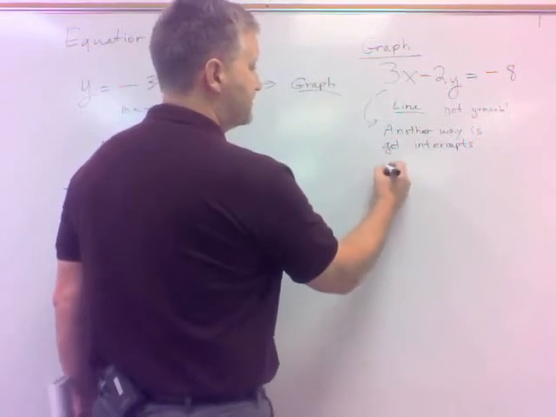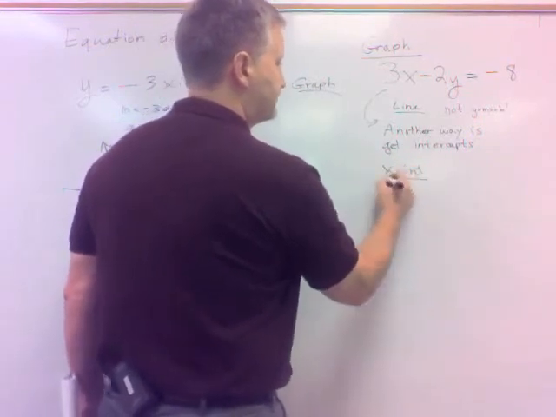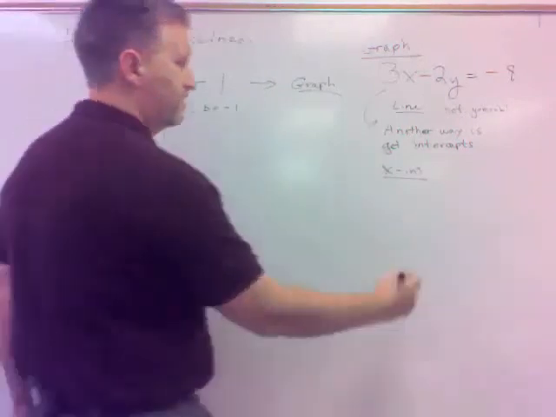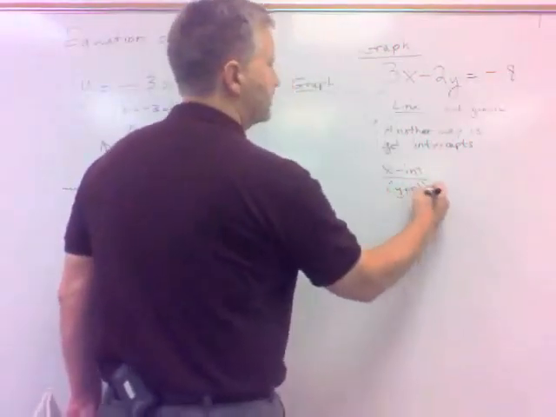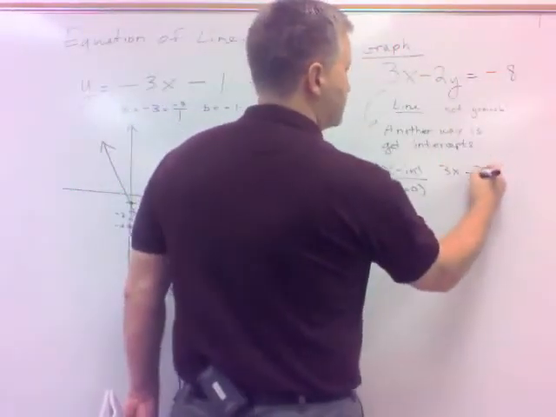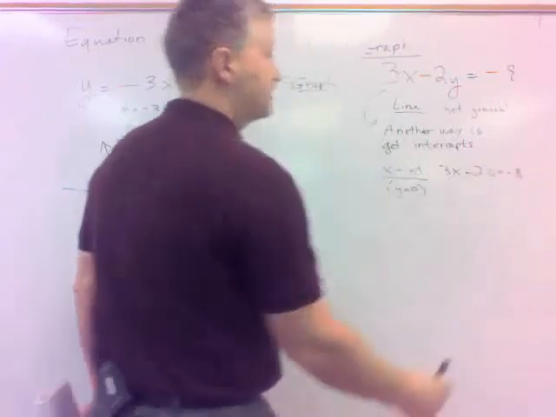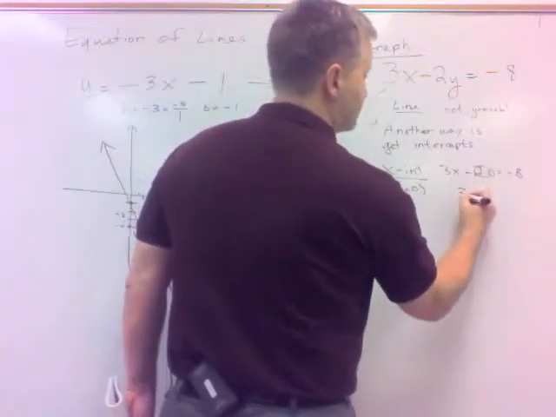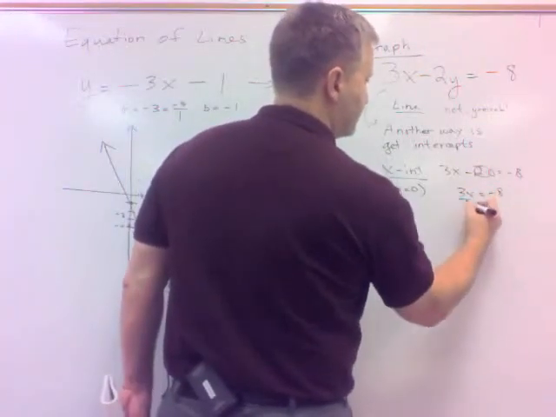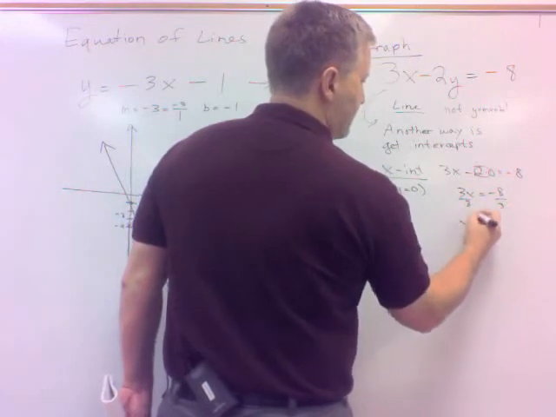But if I just get the x and y intercept here, for the x-intercept, you set y to be 0. So that would be 3x minus 2 times 0 equals negative 8. That makes that 0, so that's 3x equals negative 8. Divide by 3.